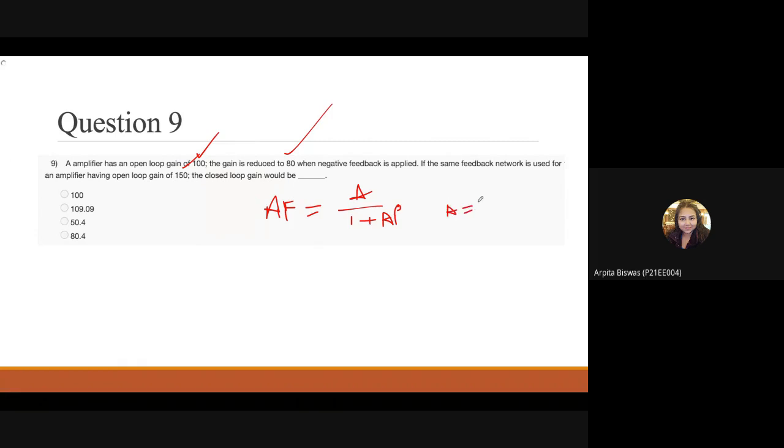First condition, A is 100, and the gain is reduced, so AF is given as 80. Okay. So here you can find out the beta value, and then the new thing is the same feedback network is used for an amplifier with a different open loop gain, like if A is 50, in that condition, the closed loop gain you have to find out.